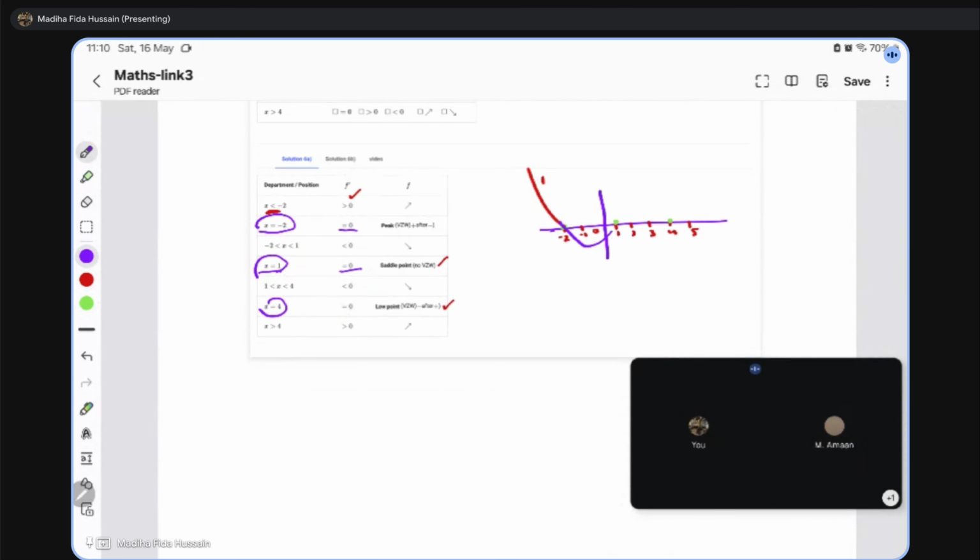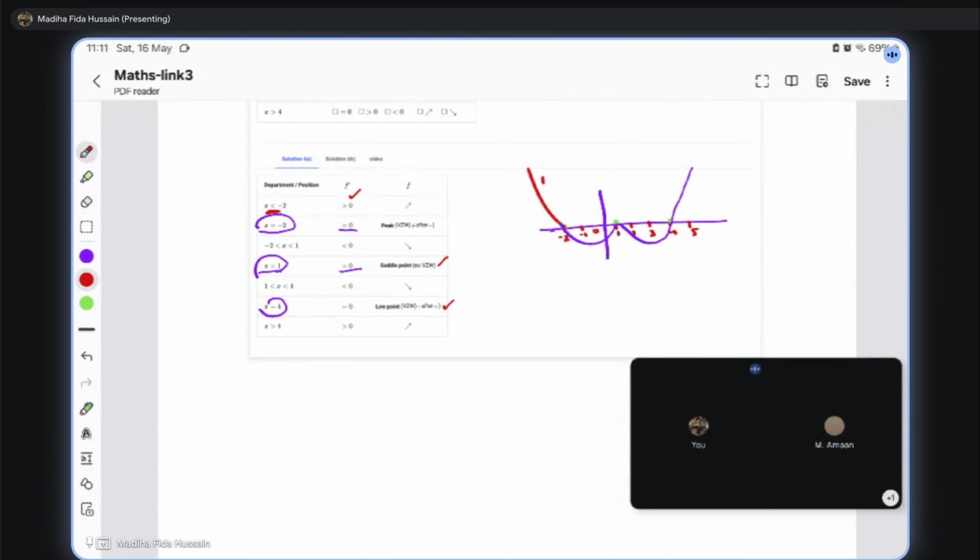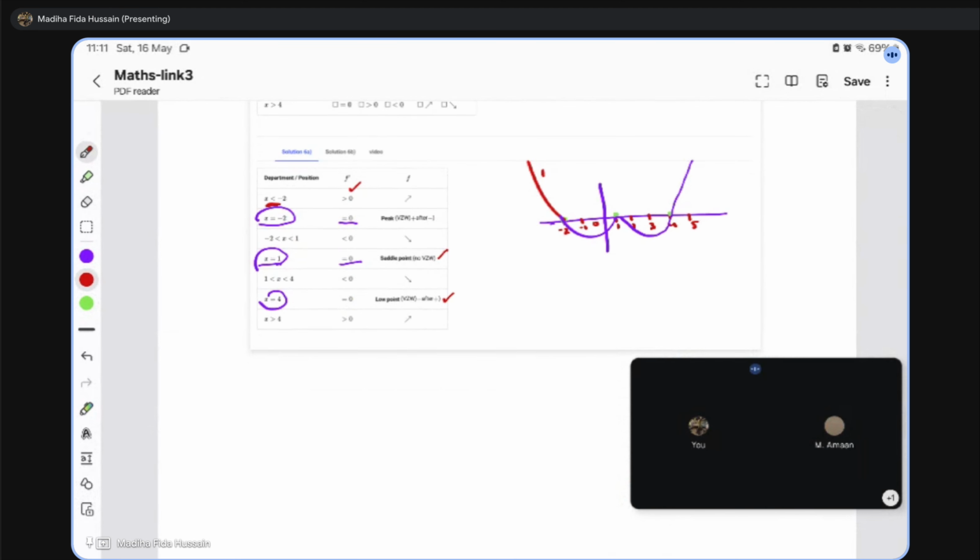Then at 1 it is negative, and after 1 it is also negative, and then after 4 it is positive. How do you know you have to draw in this shape? They will say draw the graph of f' or sketch the graph for f'. The shape does not matter; you have to fulfill all these things.